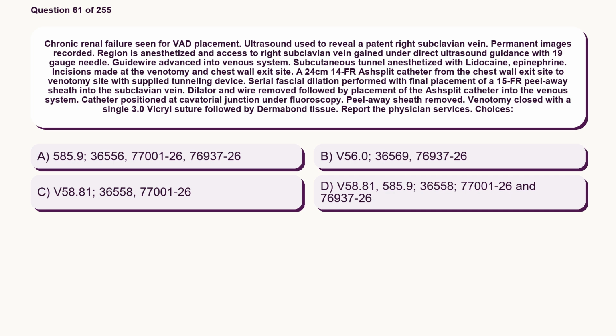Option A, 585.9, 36,556, 77,001 to 26, 76,937 to 26. Option B, V56.0, 36,569, 76,937 to 26.